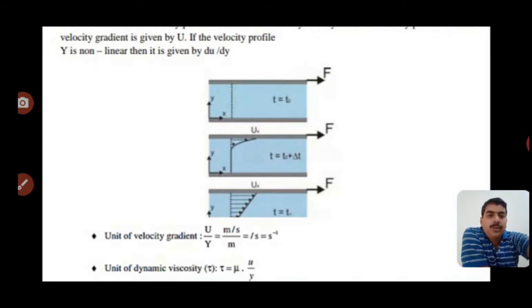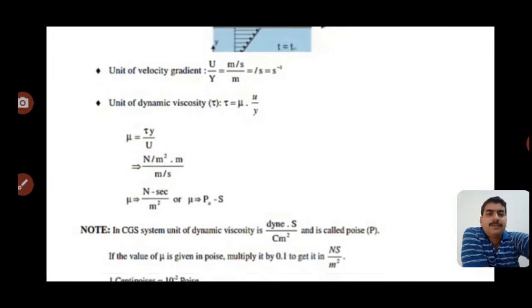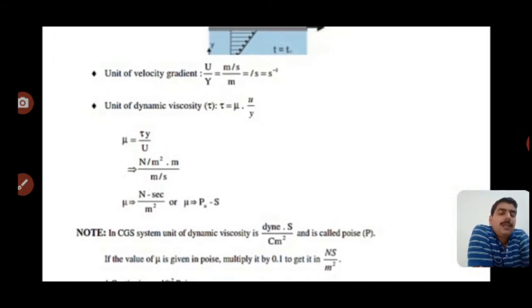The unit of velocity gradient is second inverse, very simple. And the unit of dynamic viscosity is how much? Tau is equal to mu du upon dy. Therefore mu is equal to tau y upon u.